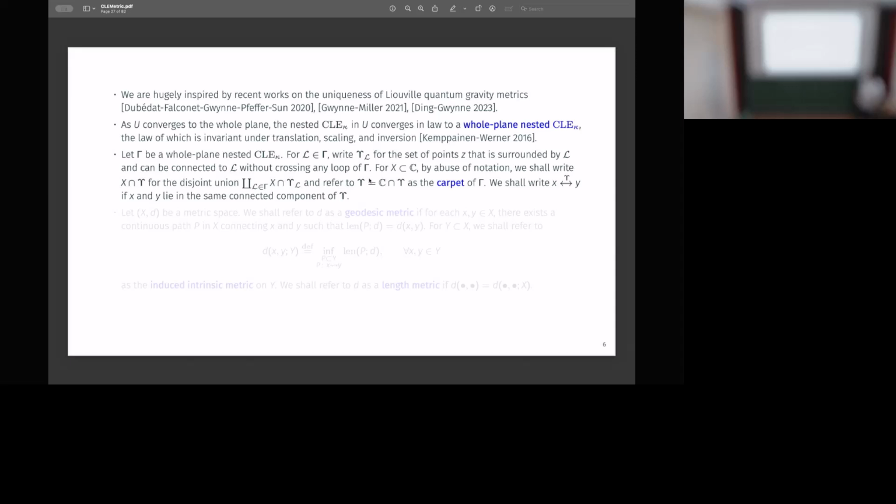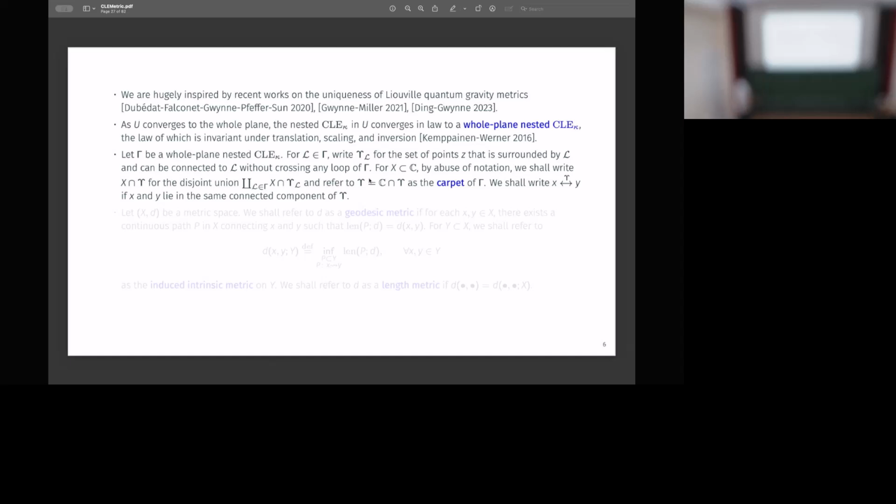So let's introduce some notation first. In the whole plane nested CLE, you will have many loops inside loops. Because it is scale invariant, in particular, there will be infinitely many loops surrounding the origin, for example, getting smaller and smaller.